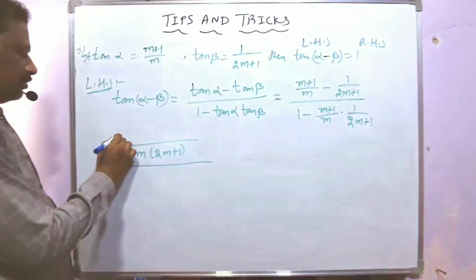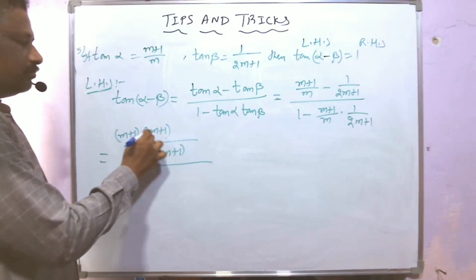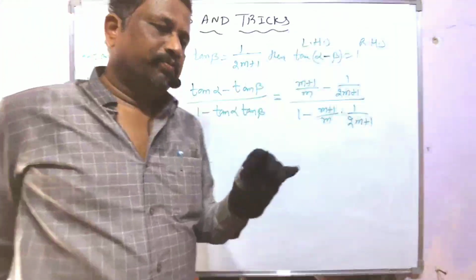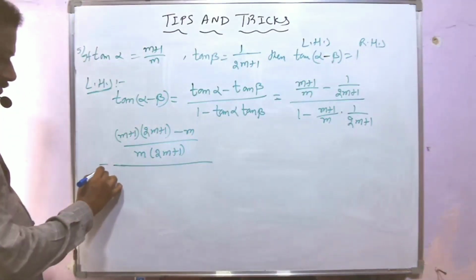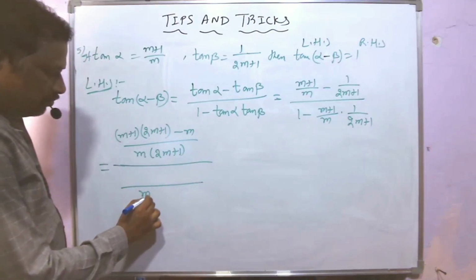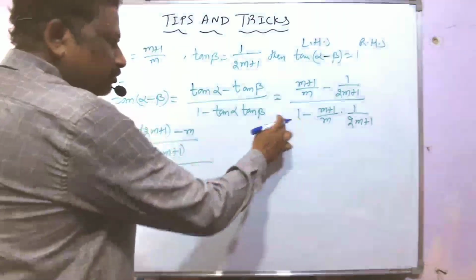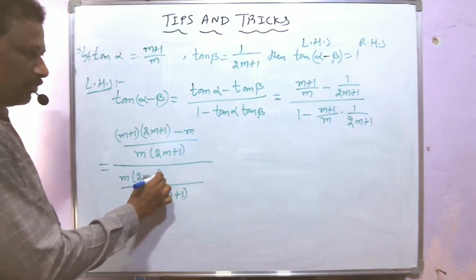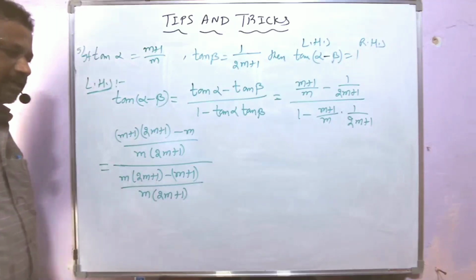Cross multiply this one. M plus 1 into 2m plus 1 minus m into 1. Next coming to denominator, in denominator also we take LCM. M into 2m plus 1, cross multiply, m into 2m plus 1 minus m plus 1 put under brackets.